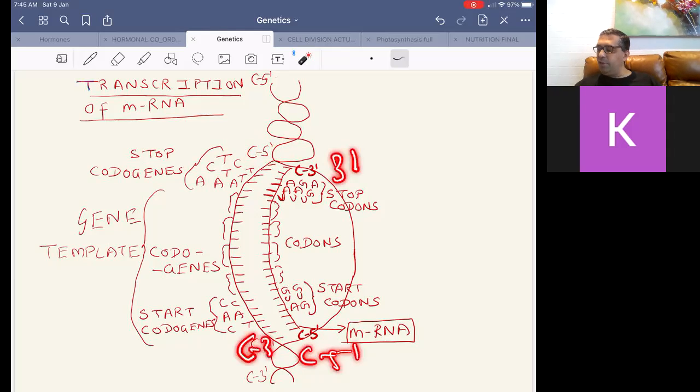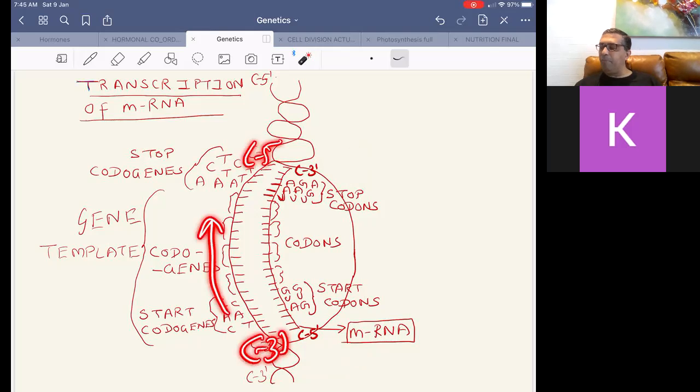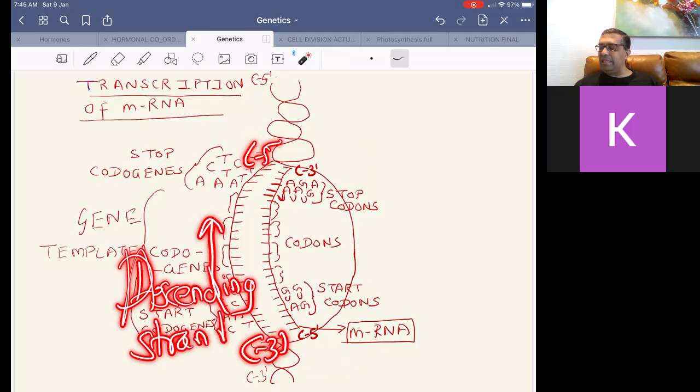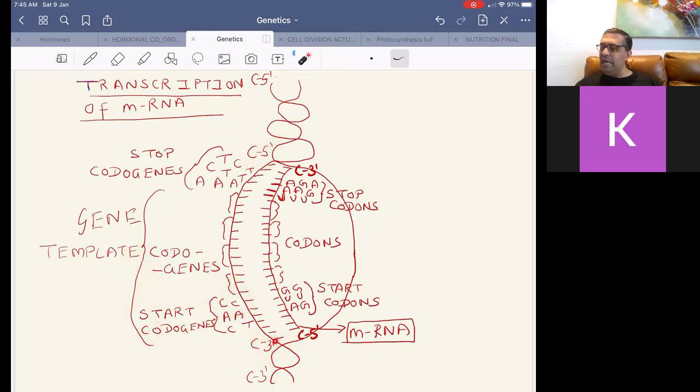So that strand which has polarity 3 to 5 upwards, if you remember, is the ascending strand. The ascending strand acts as the template, and on the ascending strand we have nucleotides.